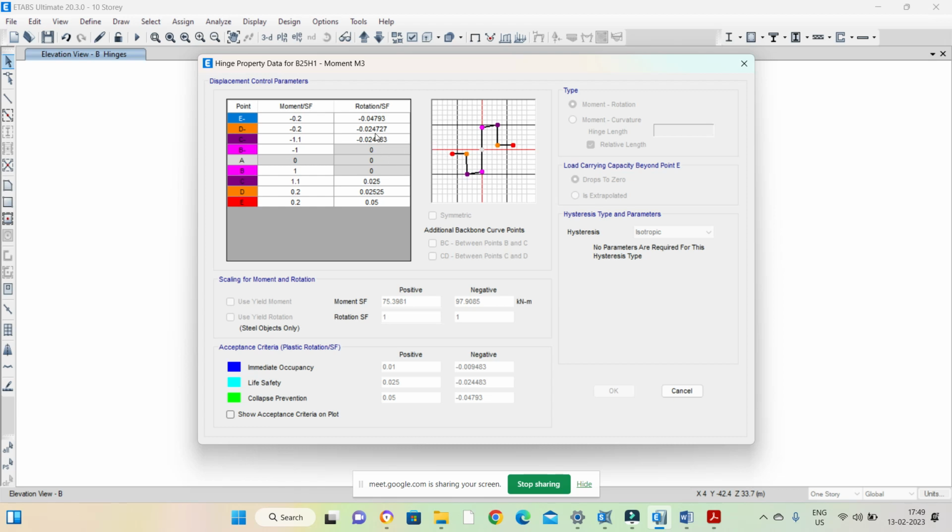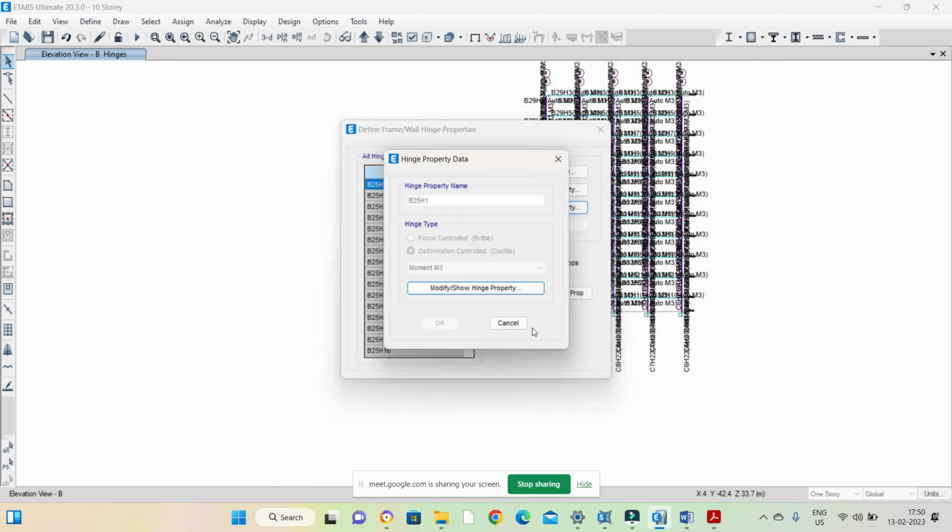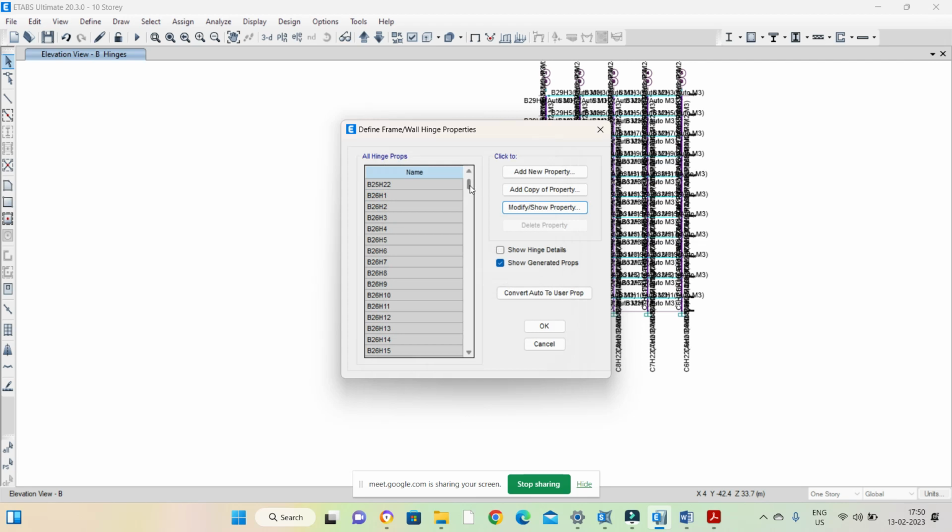In the ASC 41 code you will get these parameters for a particular section and reinforcement: for a particular rotation how much moment, or for a particular moment how much rotation. These details are given in the ASC code, and we will see that later on. Similarly you can check your other hinge parameters also.